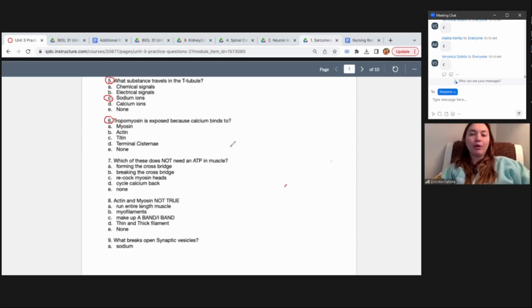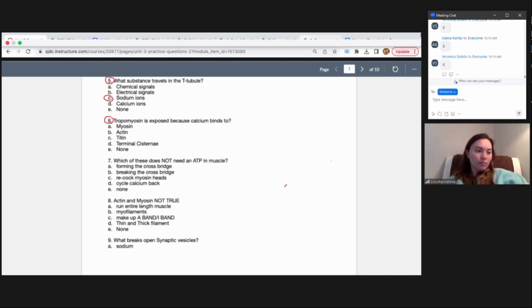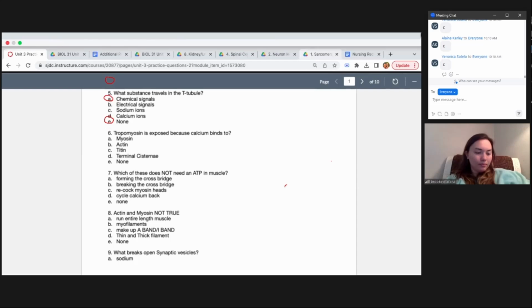Tropomyosin is exposed because calcium binds to which of these? Okay, so we know that the answer we're looking for is troponin.